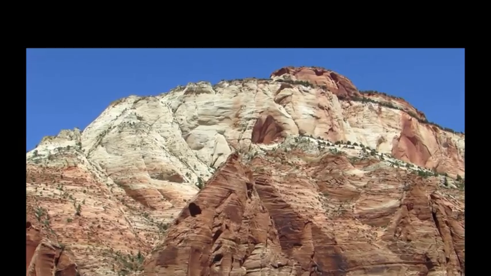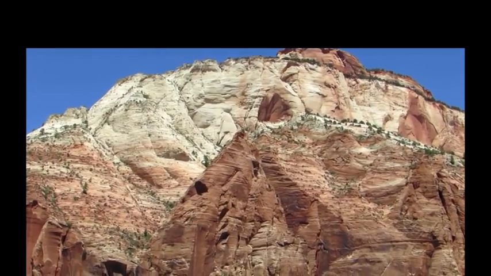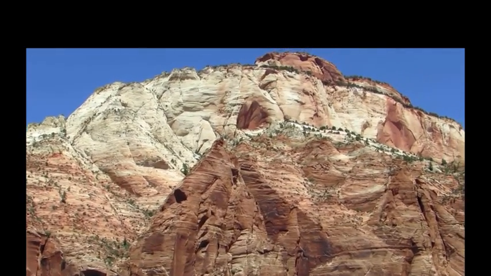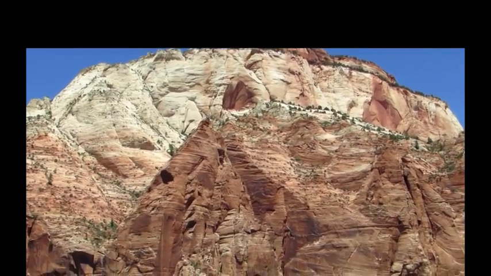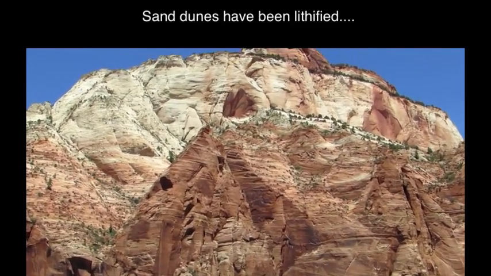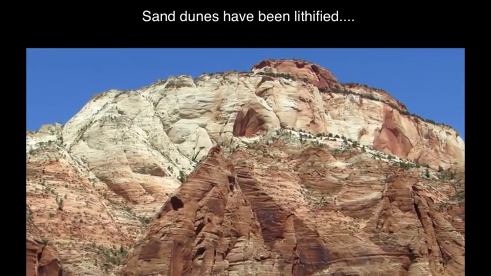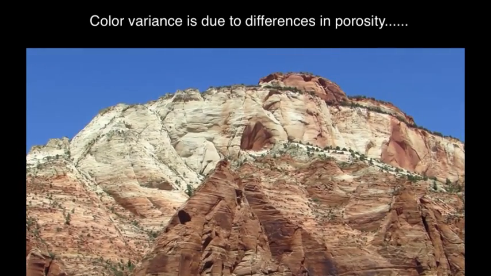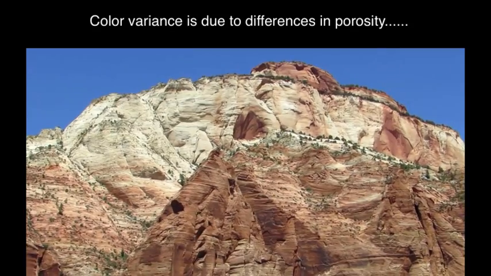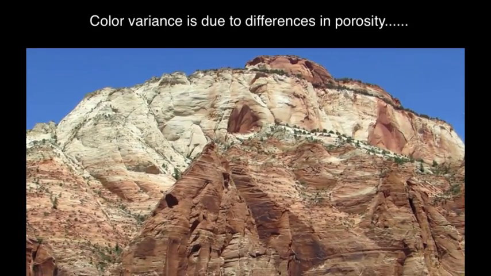All right, so the sandstone is all Navajo, early Jurassic, and you have to imagine that these were giant sand dunes. And now they're hardened. That means they're lithified in geologic terms. And you might wonder, why is part of it white, one color, the other color is red? That's to do with porosity.